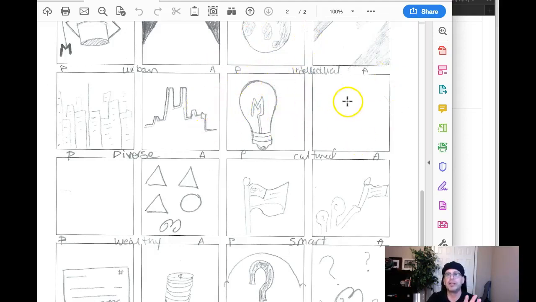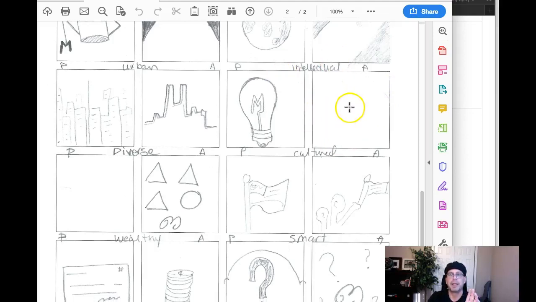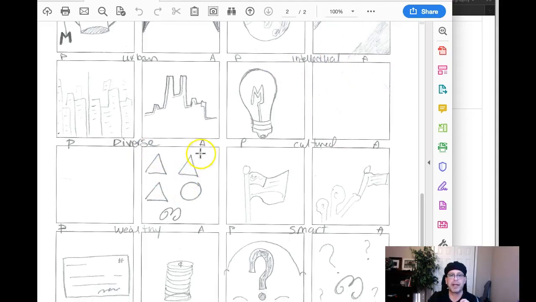So to abstractly represent intellectual, let's just use the rays that we can imagine coming out of the light bulb, right? So one, two, three, four, five, six, whatever. I don't know, eight of them, six of them, four of them, whatever. Just a couple of rays emanating from really a blank area. And then over here, diverse, pictorial. You've got this interesting abstract representation of diverse because you're using three triangles and a circle showing diversity.